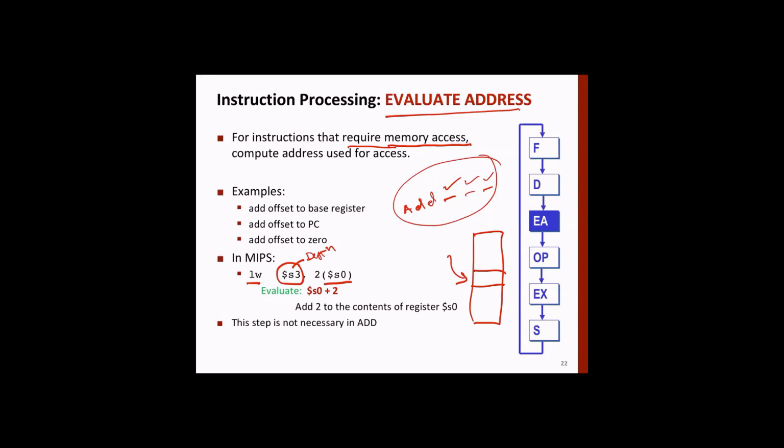Say this register has some value, let's assume 0100, and then I add some offset to it. So 0102 is the final address from which I have to get the data.